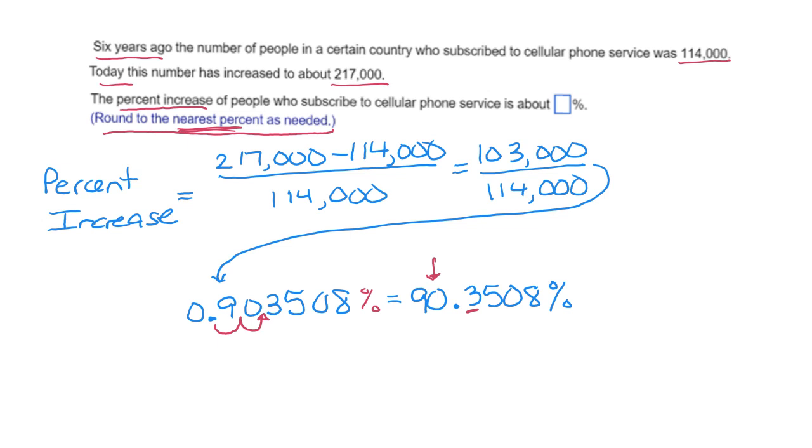The answer is no. So this round, remember, you're going to use the double tildes to say approximately, and this remained 90. So our answer here is it'll be 90%. And you can see the wording on here is about 90%. The word about represents that approximation.